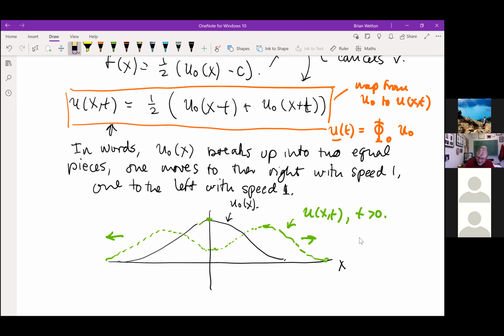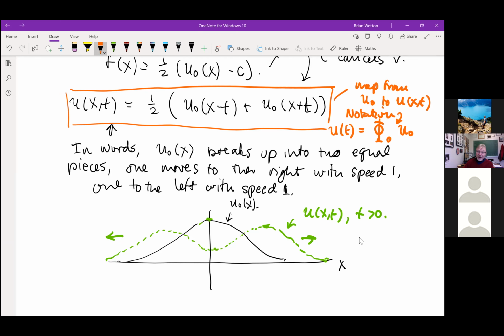Okay, and because those underlines look like maybe I was talking about a vector, let me get rid of them. So this is just going to be notation. If I've got a second order problem in time and I figure out the map of the initial conditions to the solution at a later time, where I've got initial conditions for U and 0 initial conditions for its time derivative, that's what I'm going to call it.